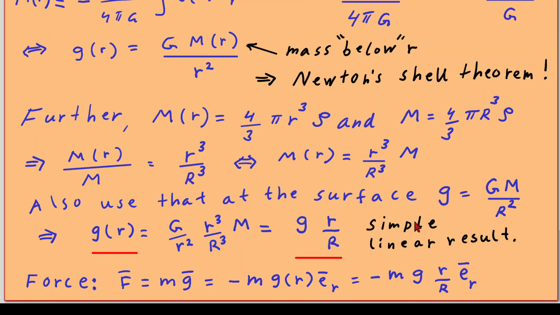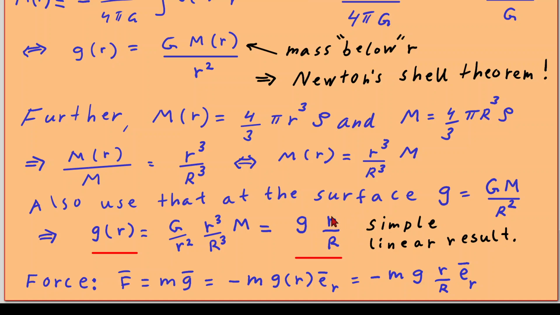When R equals capital R, you get the same value as usual, this one here. And when we go down inside the Earth, it will decrease. The strength will decrease in a linear fashion. What do we mean by linear?